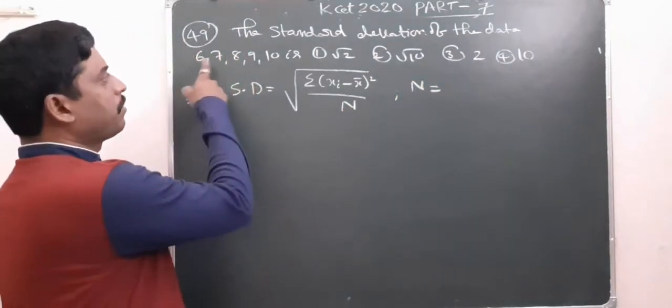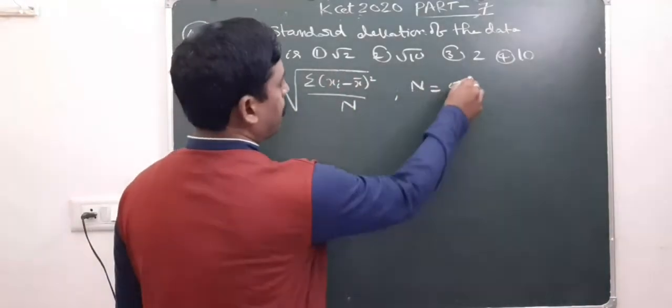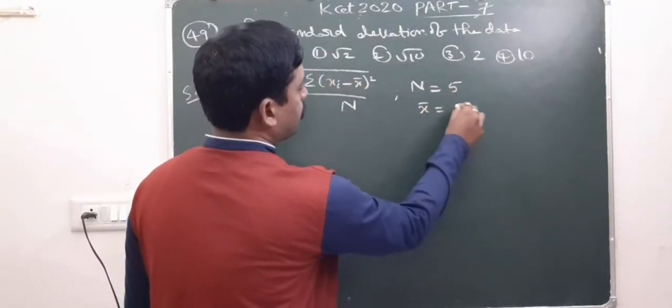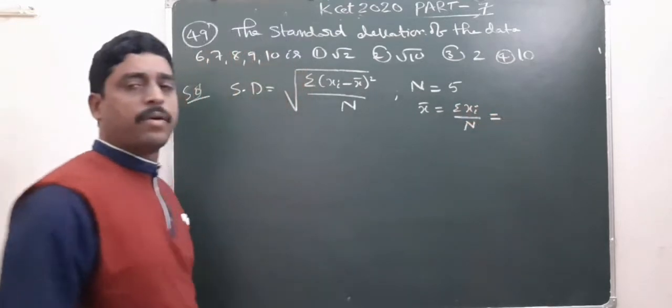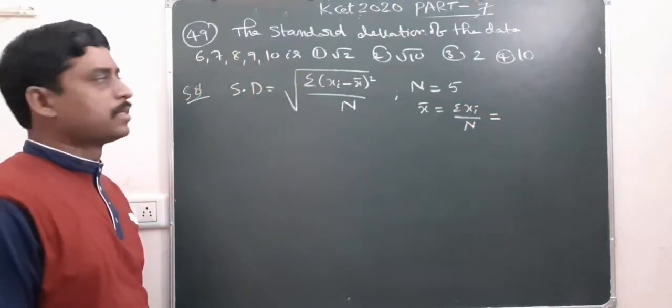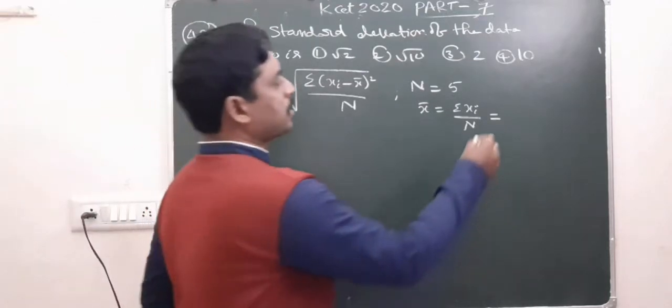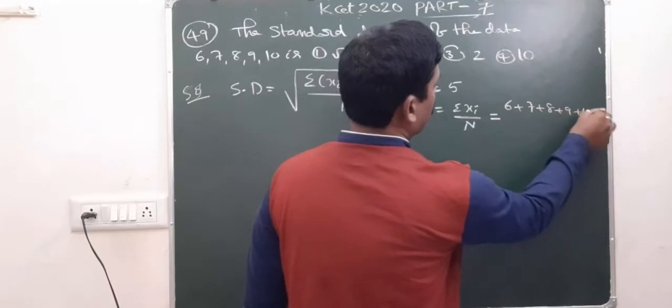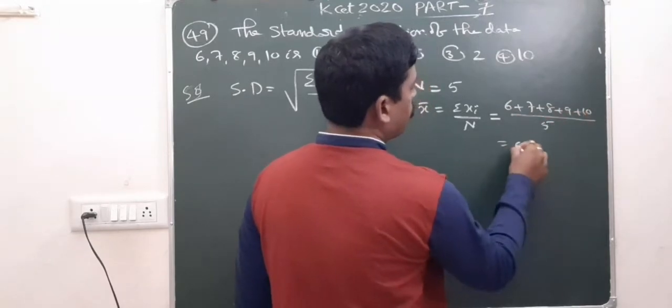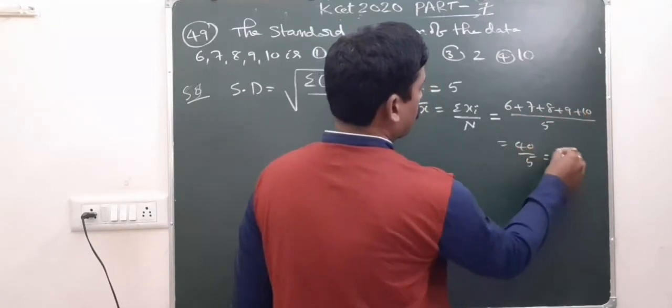In this, the number of observations is 5. X bar is the mean. Mean formula is sigma xi by n, the sum of observations by the number of observations. The sum of observations is 6 plus 7 plus 8 plus 9 plus 10 by 5. This will be 40 by 5 is equal to 8.